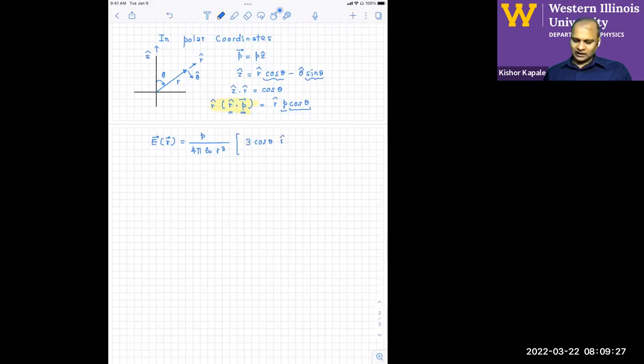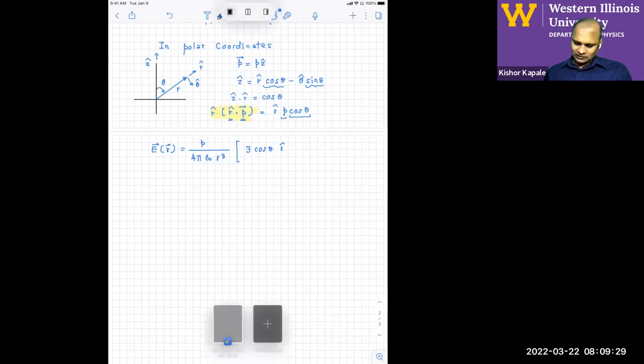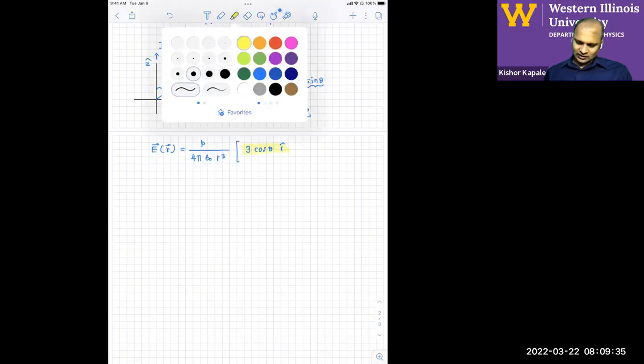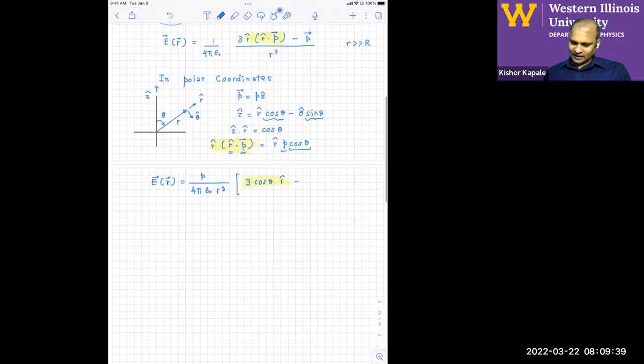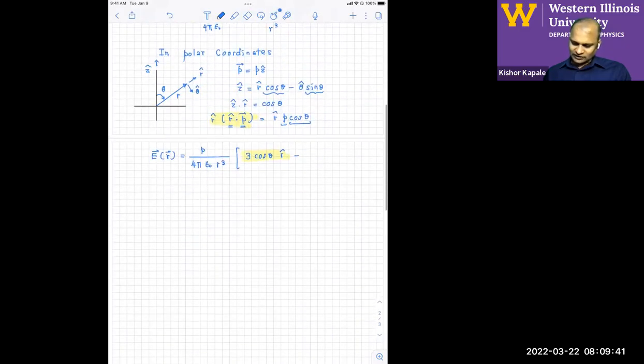and the first term was 3 cosine theta r hat. That is the highlighted term. So I'm going to write it like this. And then the other term is basically negative of p, which is negative of r hat cosine theta plus theta hat sine theta.